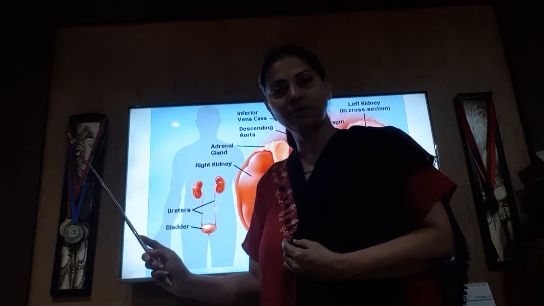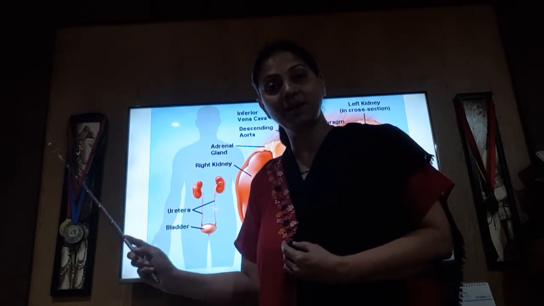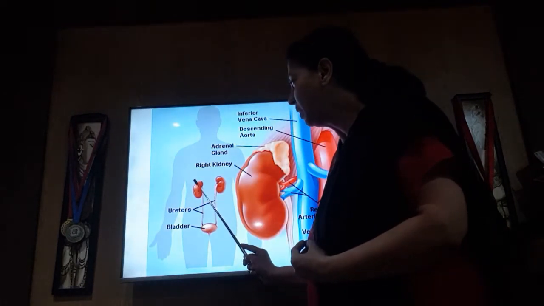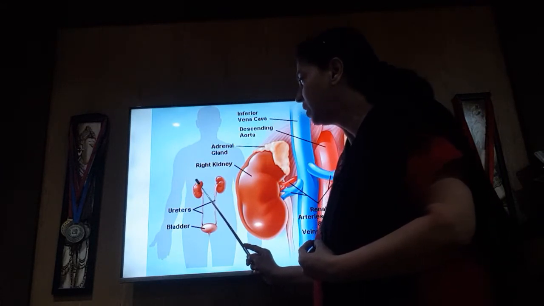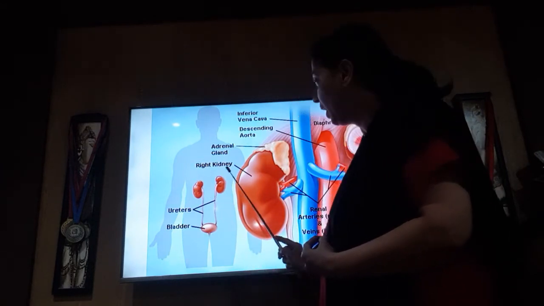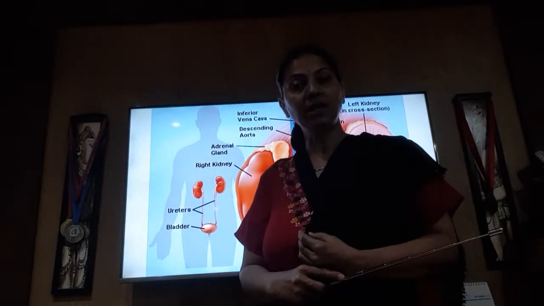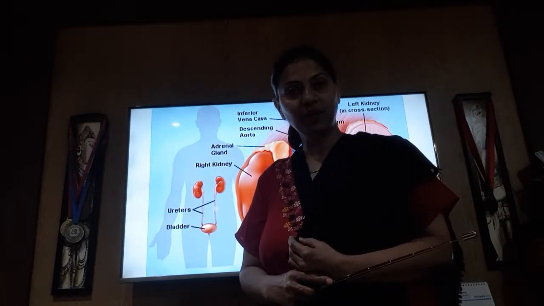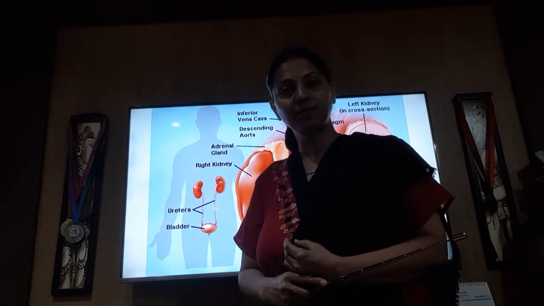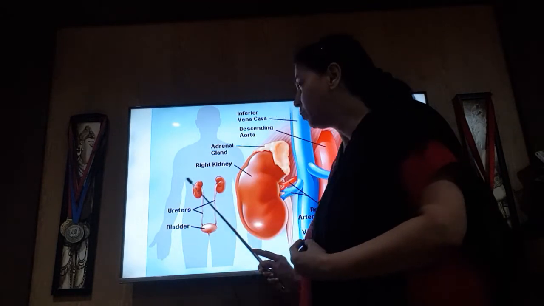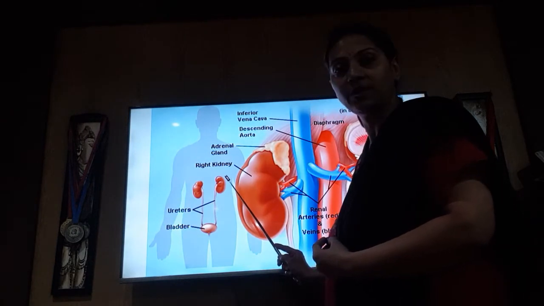Not only in one region, but that was one of the main regions. So a part of this is also present in the right hypochondrium. And as this is related to the spleen, we have got a renal visceral impression on the spleen. So it is also present in the left hypochondriac region.